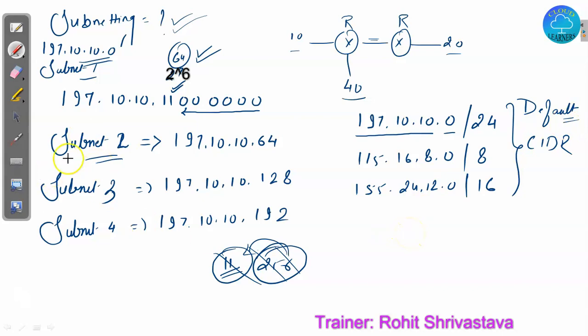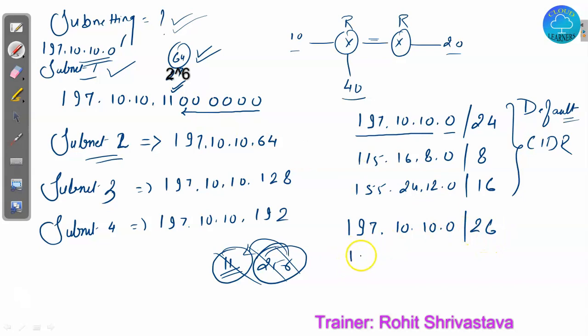But right now what we have done is given 2 bits from our host bits to the network. So how many bits are now there for the network portion? 26. So in this case, if I have to write the first subnet IP, 197.10.10.0, I write /26.